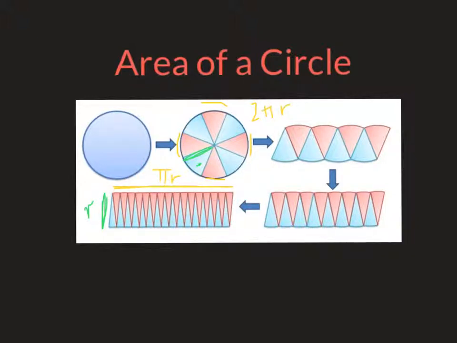So they did pi r times by r, and that left them with the formula for the area of a circle as pi r squared, or pi times by the radius again, or pi times by the radius squared. Let's now look at applying that formula into a couple of different examples.